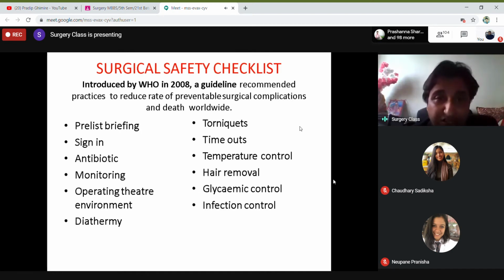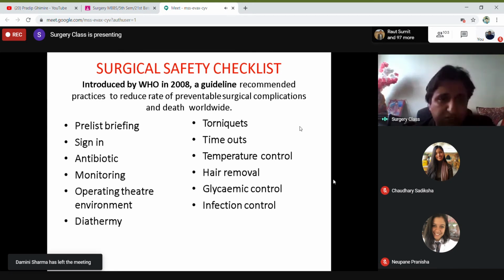Then the surgical safety checklist. It was introduced by WHO in 2008, and we are also following the same thing in NMCTH, where it has different headings. You can see the pre-list briefing, sign-in, antibiotic, monitoring, operation theater, environment, diathermy, tourniquets, timeouts, temperature control, hair removal.